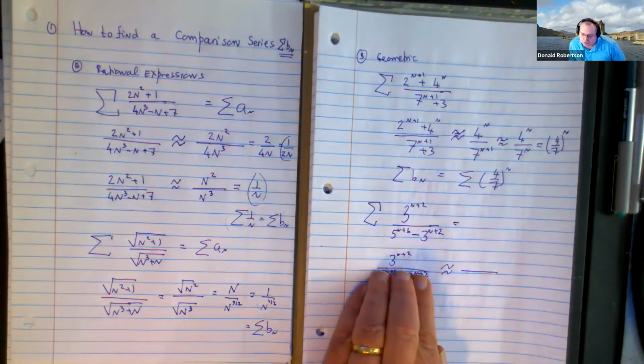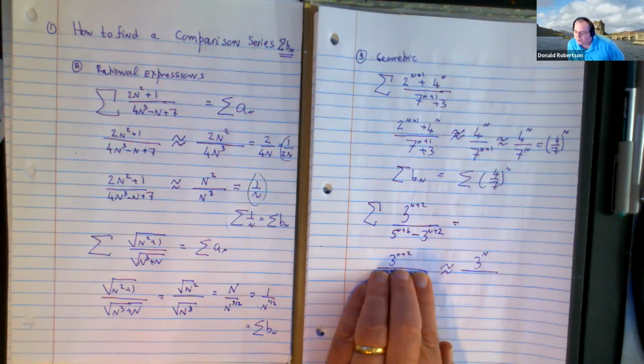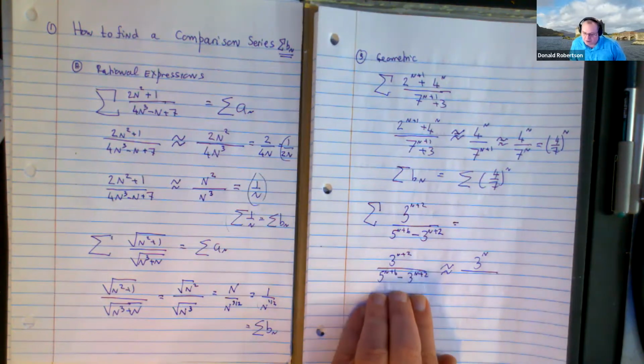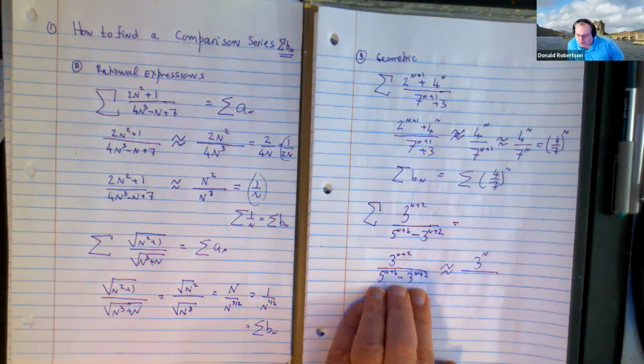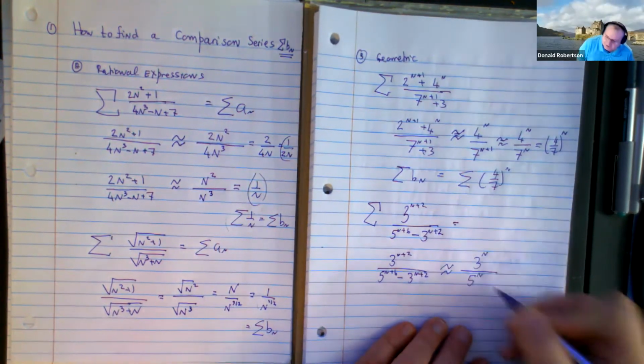Would you agree the top is 3 to the n plus 2, because it's the only thing that's there? But I'm going to call it 3 to the n, because remember, I want a simple answer. It's basically 9 times 3 to the n, so I might as well just call it 3 to the n. Which one of those two in the bottom, the 5 or the 3, is going to be the winner? Which one's going to be important? 5. Right. And I know it says n plus 6, but can't I just call it 5 to the n?